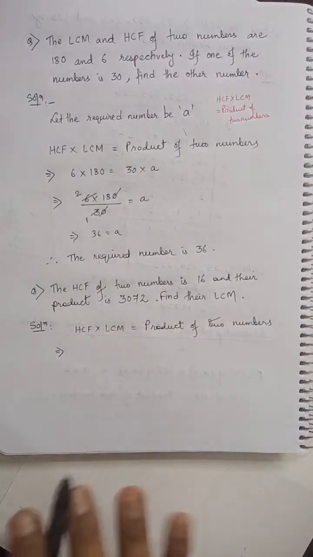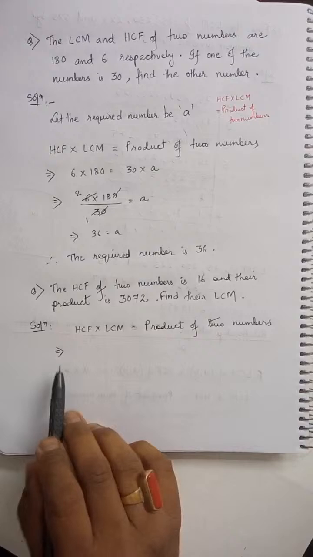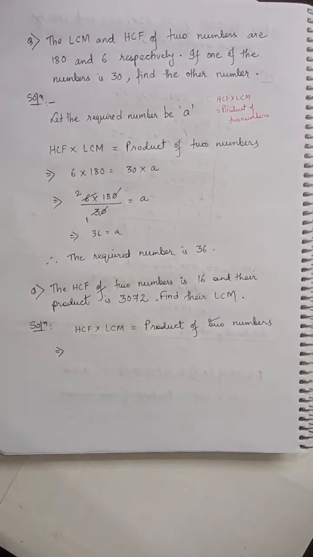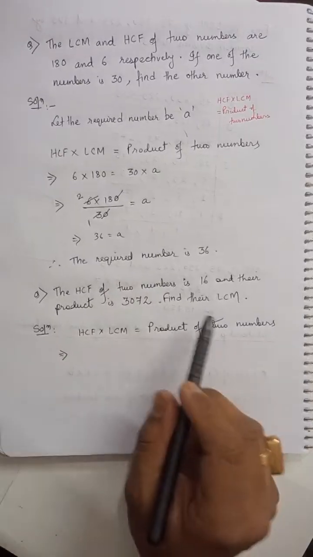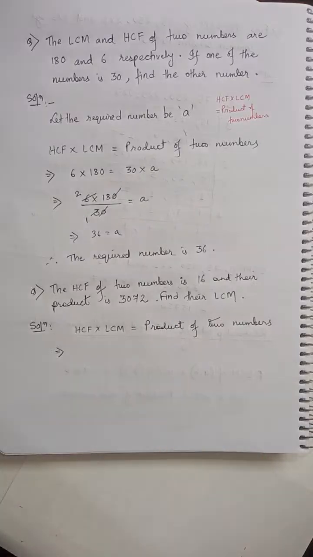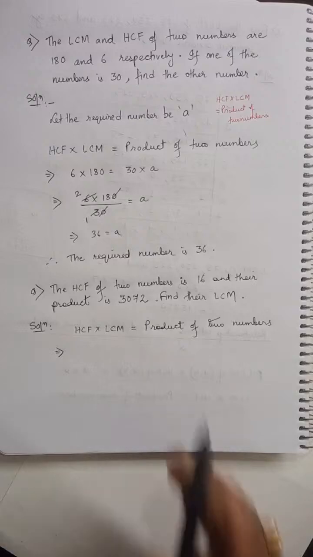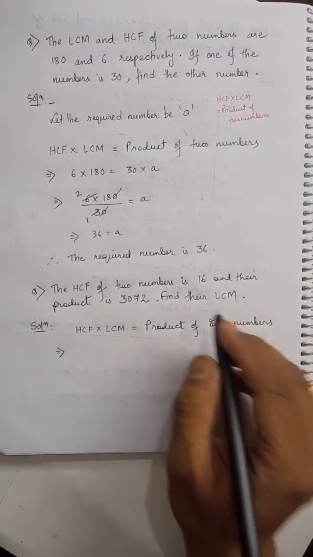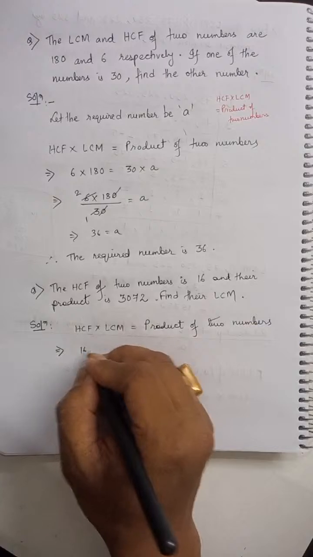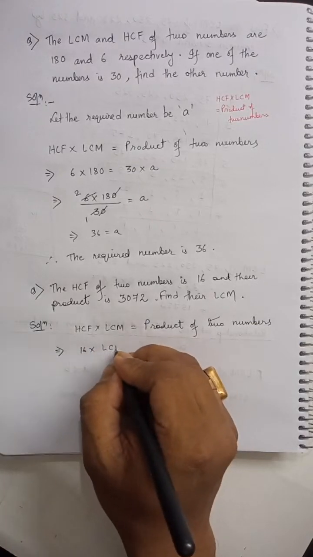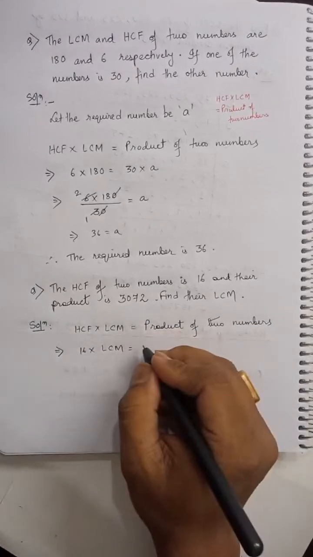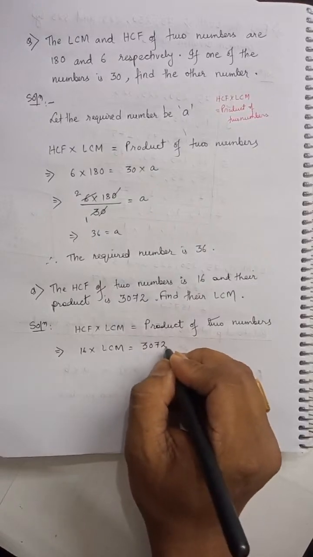Whenever we are solving a question in the form of an equation, we have to always use the imply sign. That is one thing you should keep in mind. Don't use the equal sign, because you cannot use two equal signs in one particular expression. So HCF is 16 and we don't know what the LCM is, and the product is 3072.